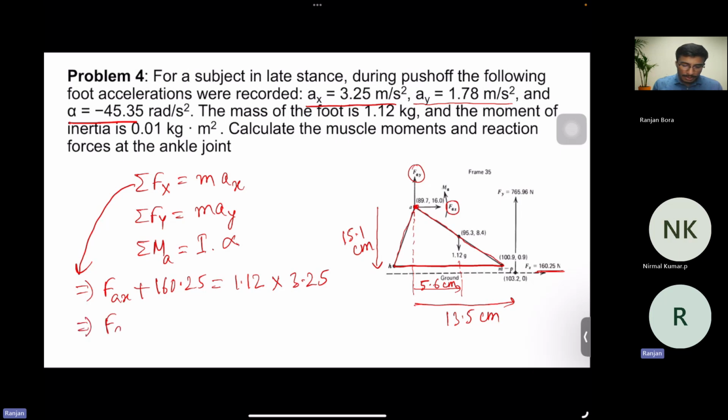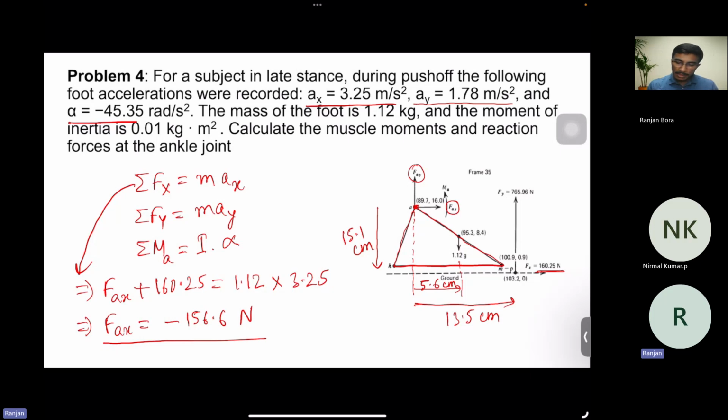If we use this, FAX will come minus 156.6 Newton. That means here the direction was given in the positive x direction, but the direction will be opposite. And so we have found FAX.